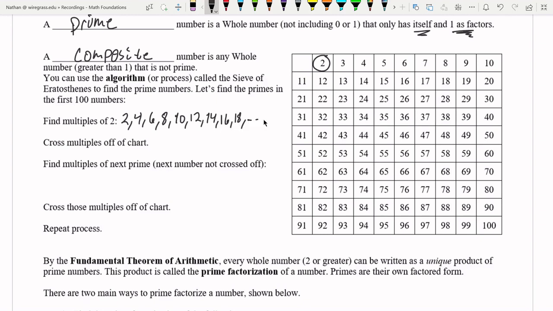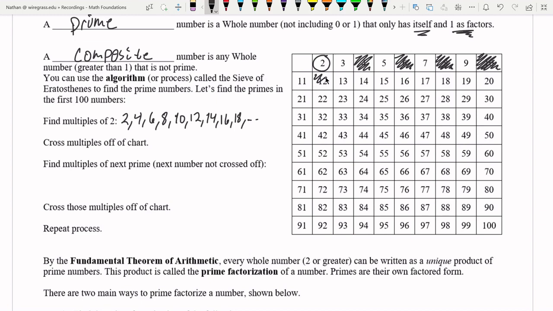And we're going to cross those multiples off on the chart, because these cannot be prime numbers, since 2 times 2 is 4. Therefore, 4 has a factor of 2. 6 is 2 times 3, so 6 cannot be prime. 8 is 2 times 4. It cannot be prime. 10 is 2 times 5, so it can't be prime. And so on.